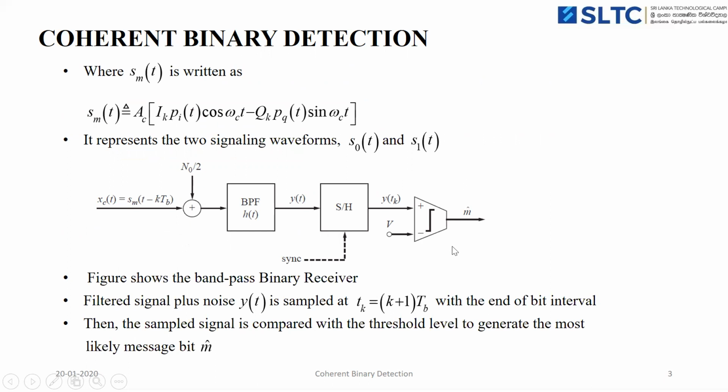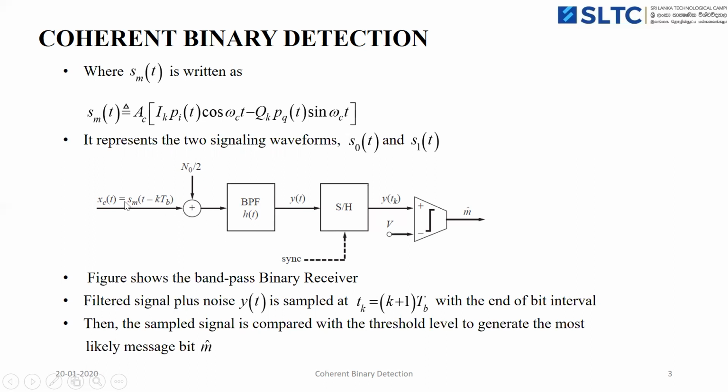This block diagram represents the bandpass binary receiver. It consists of one bandpass filter, one sample and hold circuit and one detector. In the sample and hold circuit, synchronization is performed, where we give the carrier frequency or carrier phase for the synchronization operation.